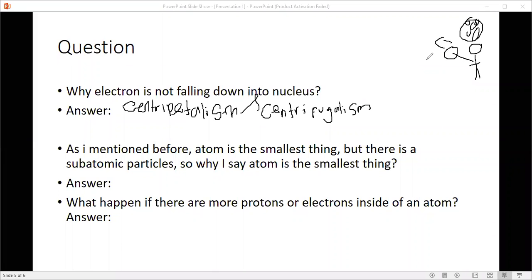Because when you're spinning around and holding it, the ball is not flying away, because centripetalism and centrifugalism work at the same time. So when you're spinning a ball, this ball also moves far away from you. And at the same moment, the ball also moves towards the center, that is you. So we can make a conclusion.